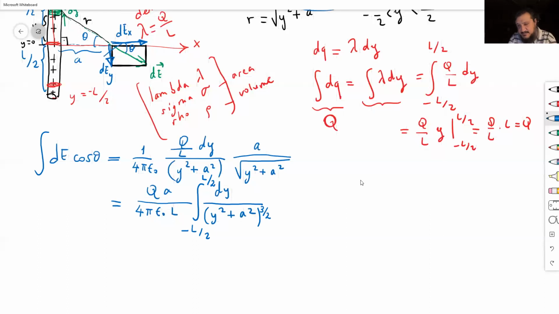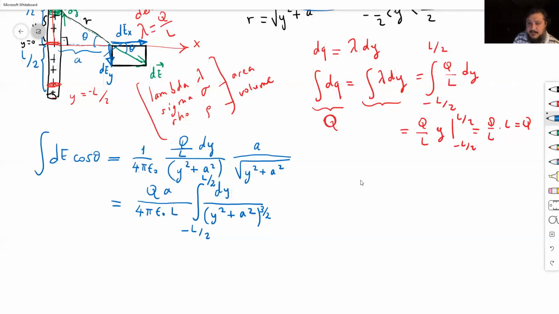Now, you can look up this integral in a table. That's fine. I don't care how you do it. It's just calculus. Or you can use the methods you already know for integration. Actually, when you're doing this, maybe it's even better if you just use theta as your variable, because you're going to do some trigonometric substitution anyways, right?